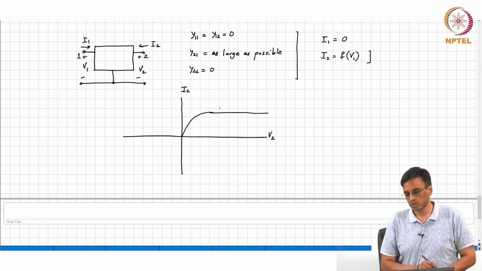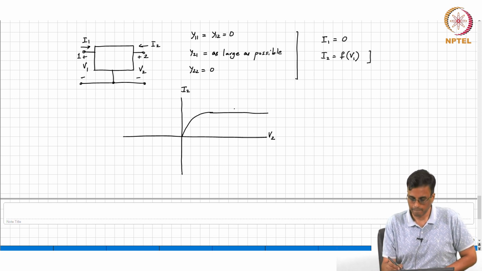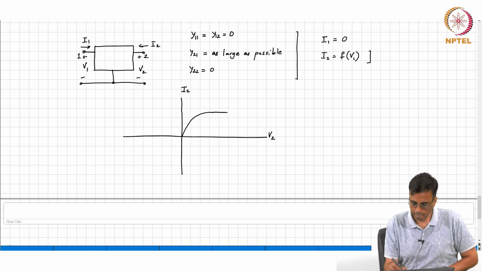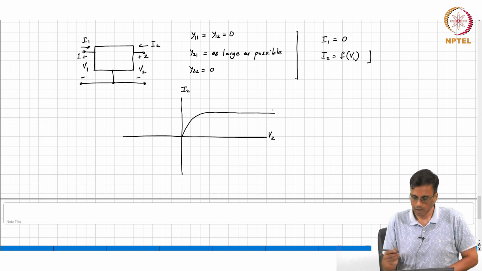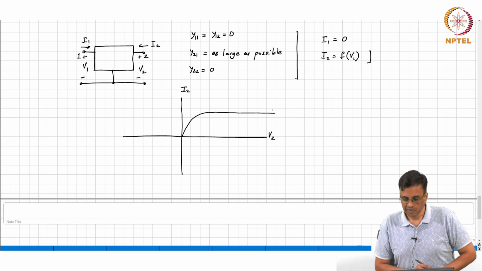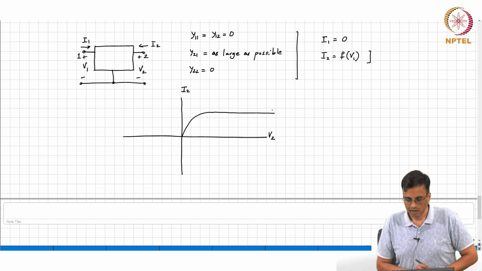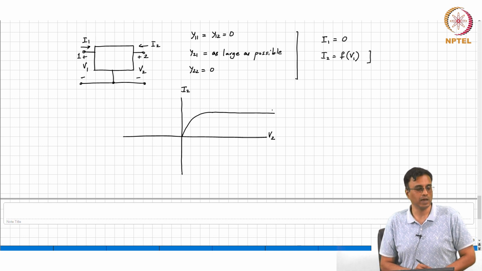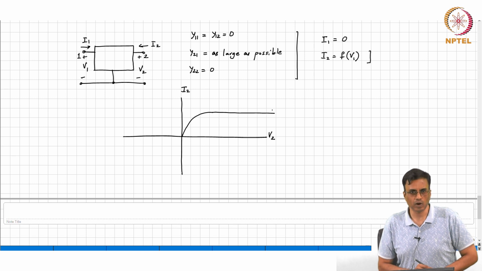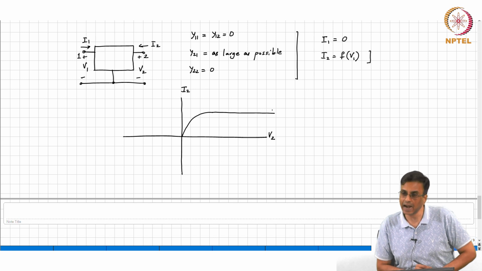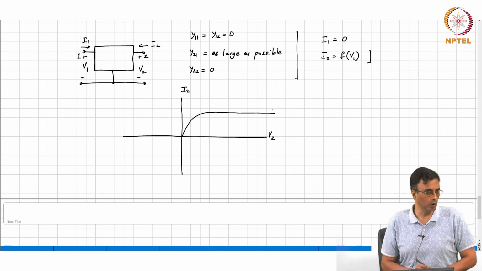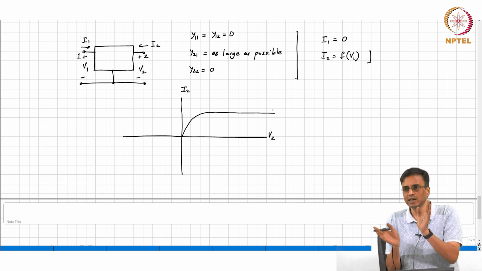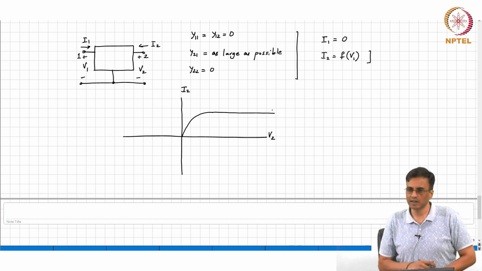And in our discussion which eventually led to the NMOS transistor, we said I2 is positive, V2 is positive, because the output characteristic, given passivity and the fact that capital I1 is 0, can only be in the first or the third quadrant.